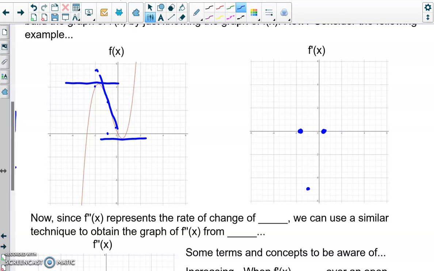So let's pick another one here. I don't want to get too steep because my f prime graph doesn't have good slope values beyond -6 to 6. So let's see what's happening at -2 exactly.